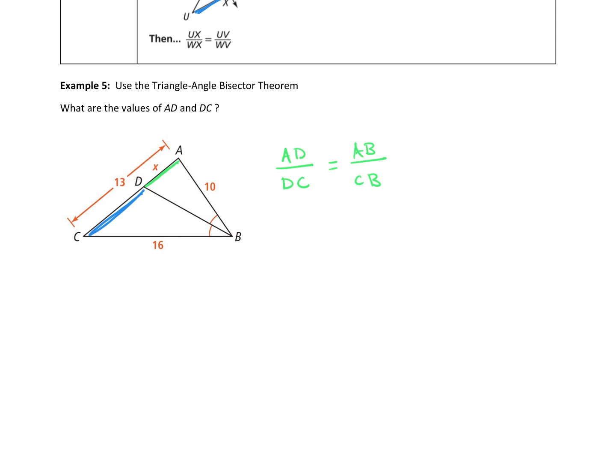And now we are going to plug in what we can. So we can see that AD is x units long over DC. Well, they didn't tell us what DC was. We know the whole thing is 13. We know this part is x. So that means that DC must be 13 minus x. So the whole segment minus this x gets us 13 minus x.